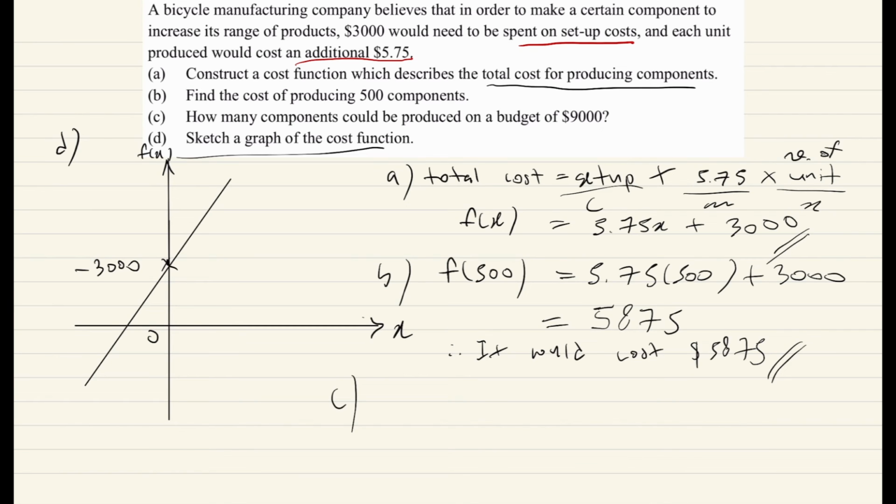How many components can we produce on a budget of $9,000? So this is working your way backwards. Now we don't know the input. We know what f of x equals, but we don't know how much the input was. So 9,000 equals 5.75x plus 3,000. And this is just basic algebra.